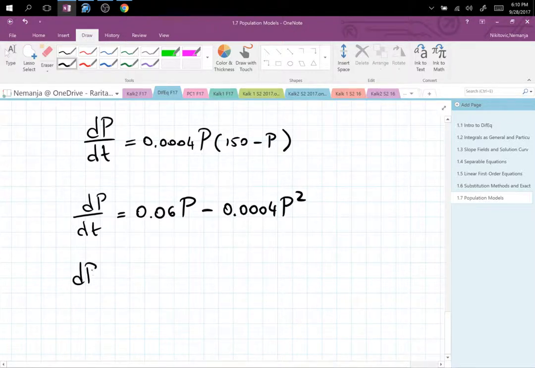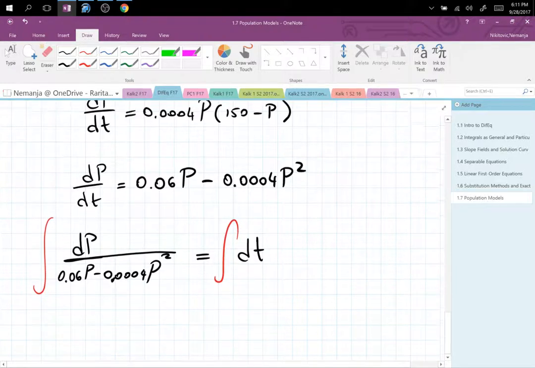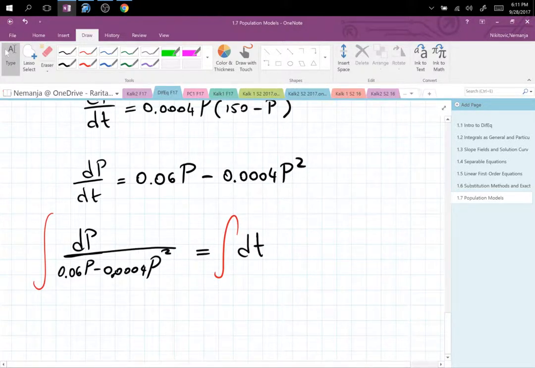So you have dP over 0.06P minus 0.0004P squared. There we go. Equals dt. Right? So now the equation is separated, hit both sides with the integral sign.